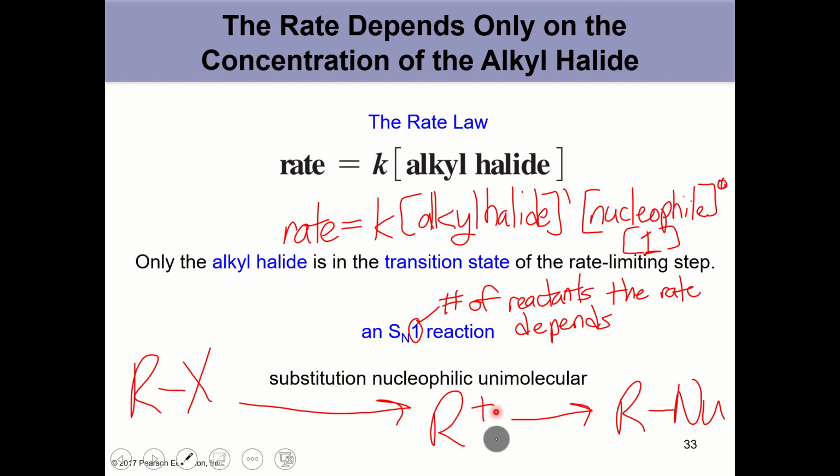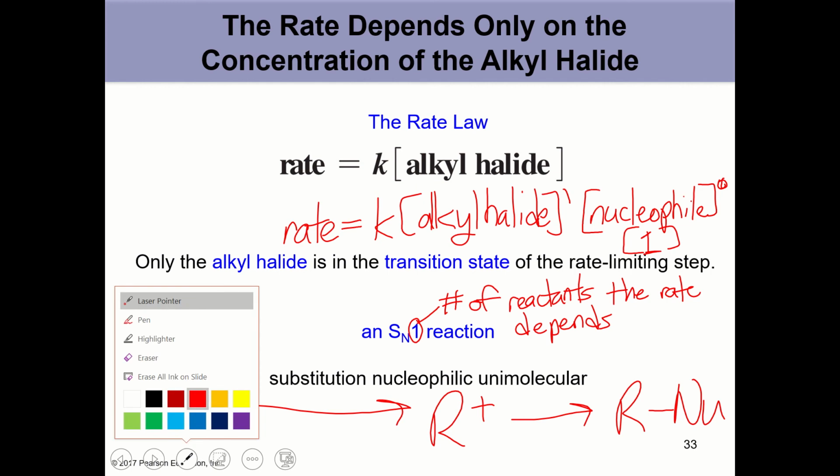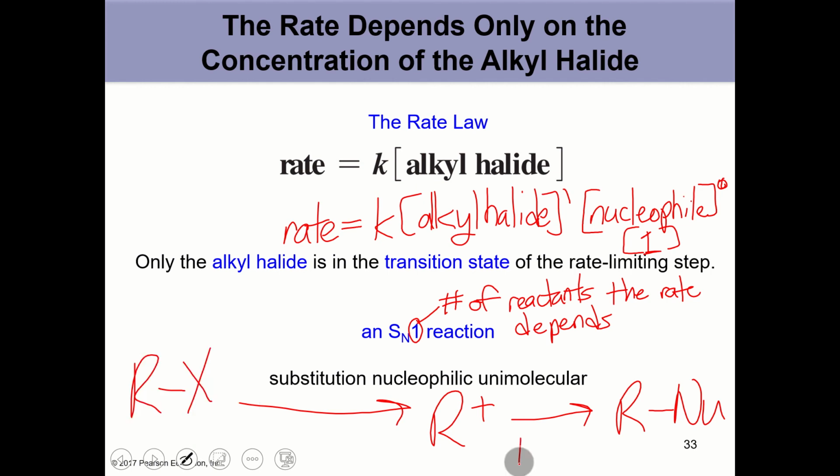The carbocation will then be attacked by the nucleophile, which may be either weak or strong, and the nucleophile will bond to the cation, giving the final product with the nucleophile in place of the halogen.